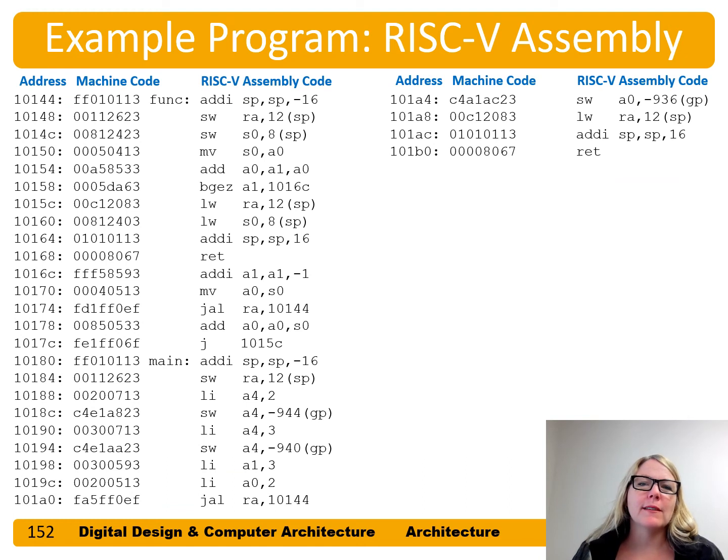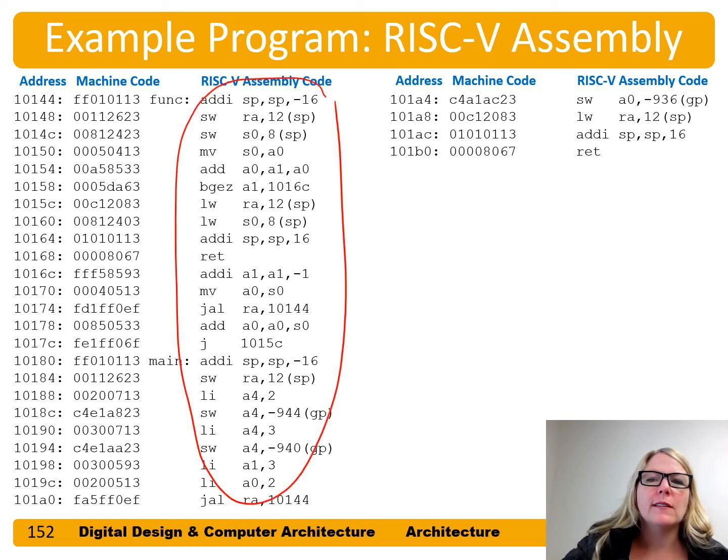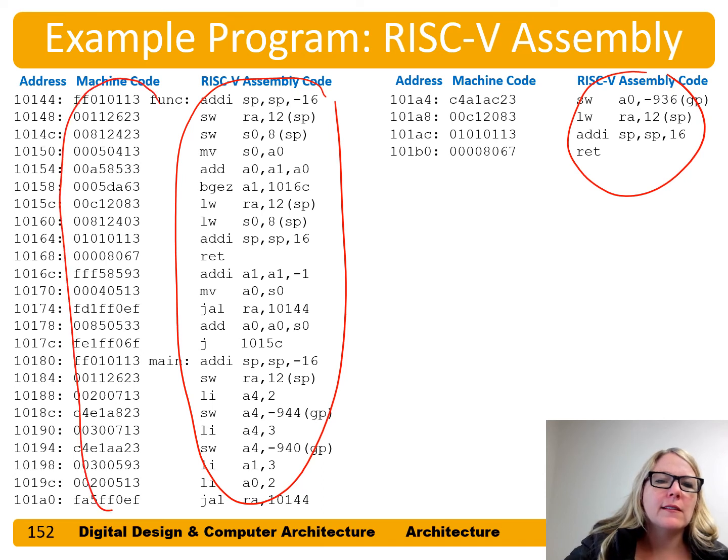After the high-level program is compiled into assembly, the assembler takes the assembly language and assembles it into machine code. So here is the assembly code of the program, and the corresponding machine code and the instruction addresses.